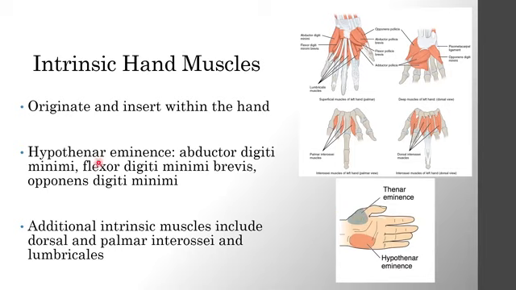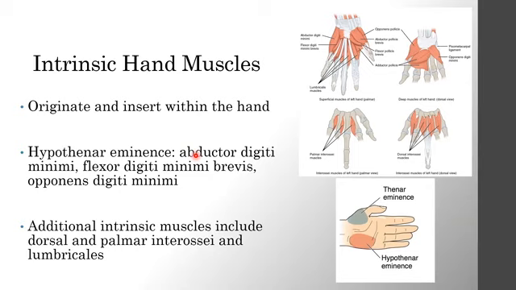When you see the word hypothenar eminence, these are the muscles that would be acting on your pinky finger. The word here to consider would be digiti minimi. So when you see the word hypothenar, there has to be a muscle associated with the digiti minimi, however you want to name it.